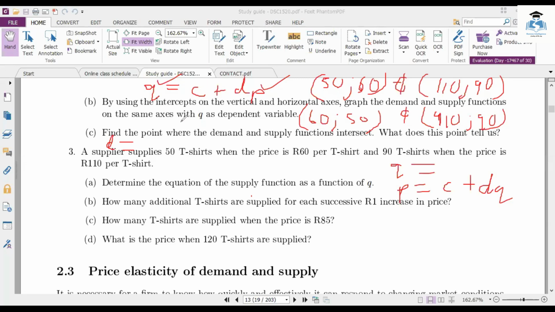D is the gradient, remember. So we say P2 minus P1 over Q2 minus Q1.